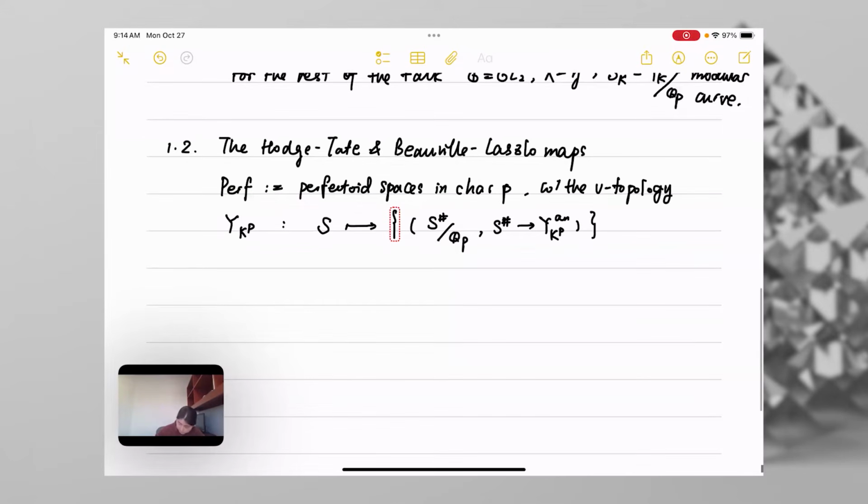Similarly, you can do the same thing for the flag variety, which is in this case just the projective line.